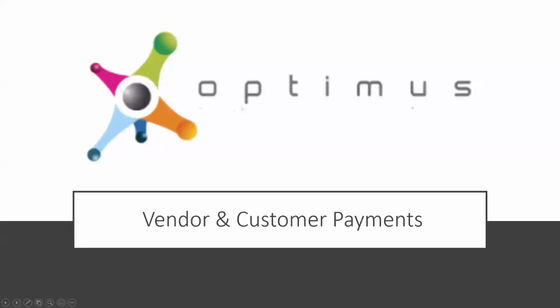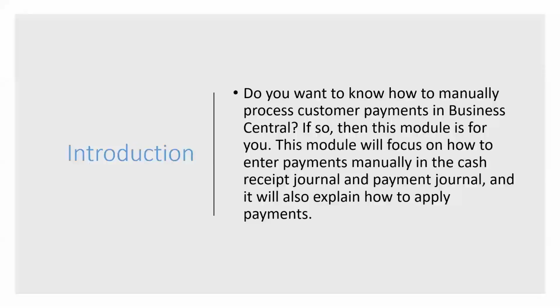Today, the specific idea for us, what we're going to be learning: we're going to be focusing on some manual processes to create payments in Business Central. So this is what we're going to be reviewing, some exercises. We will focus on how to enter payments manually in a cash receipt journal. It's a journal that we just open and still need to enter some lines.